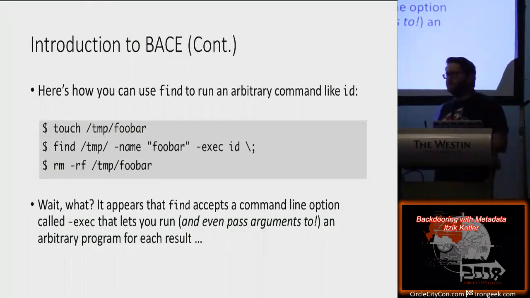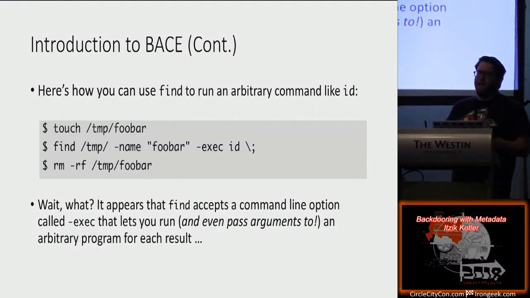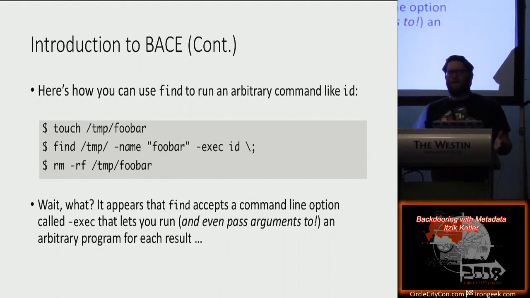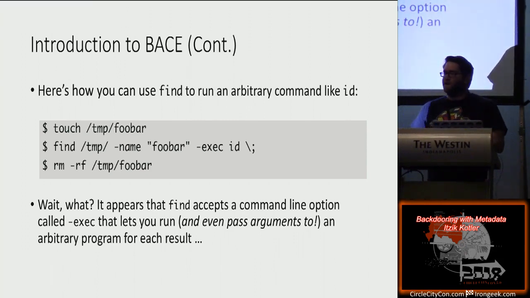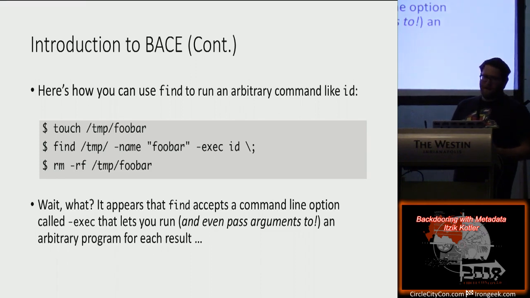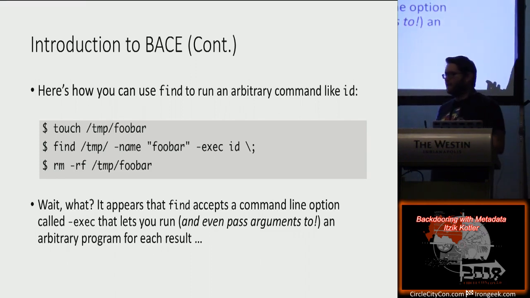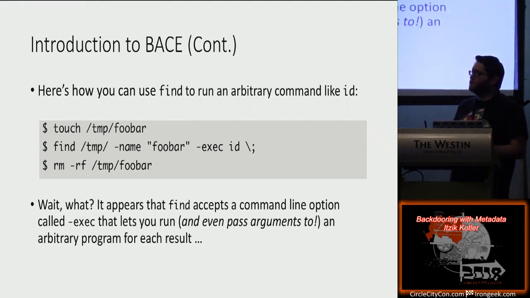However, if you pay close attention to find, and as I mentioned, find has a lot of interesting command lines, you will see that one of the command lines that find actually provides is the dash exec. The dash exec is basically a feature flag that allows you to run a command, any arbitrary command that you would like, upon finding a file.